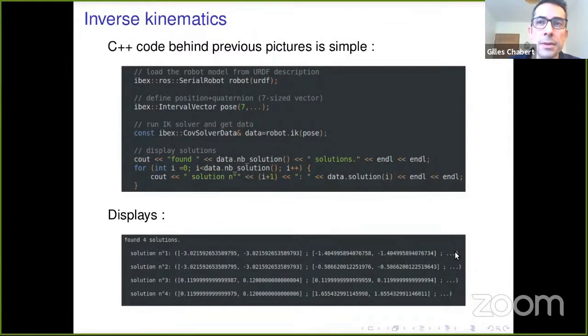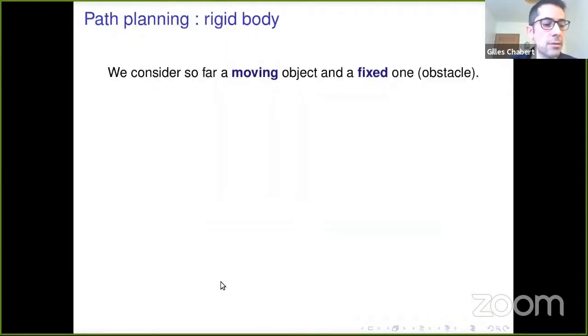Here you have 6, but I just showed the first two. And each time the joint position is given in the form of an interval. Here the interval is very, very thin because the pose I've given was a single point. But if I had given an uncertain pose, then I would have obtained larger intervals. So this is the typical kind of thing we can do with intervals.